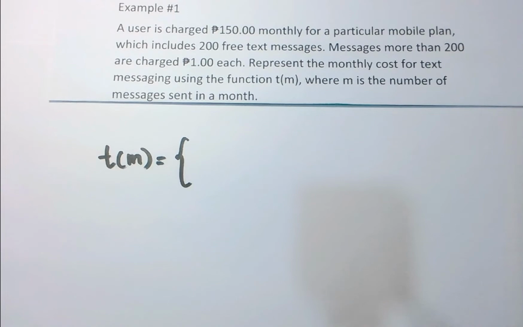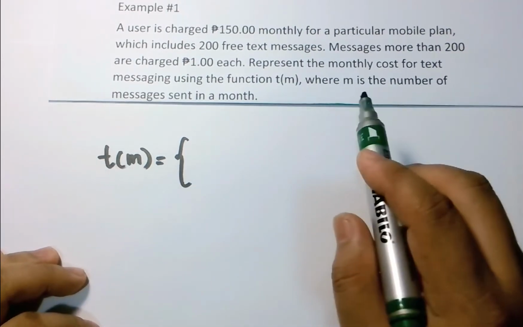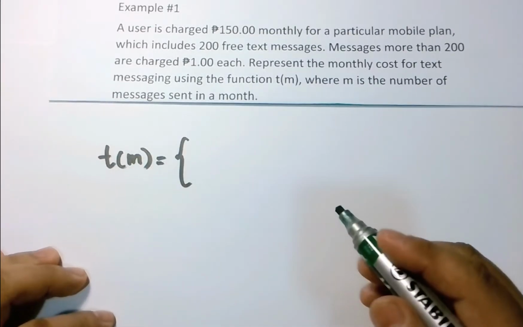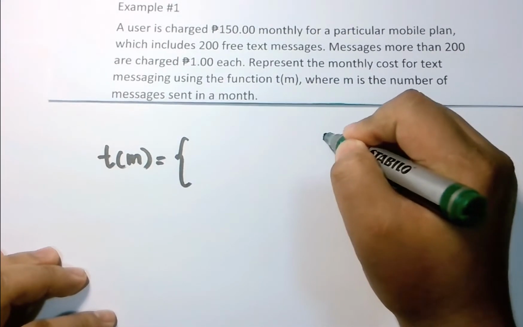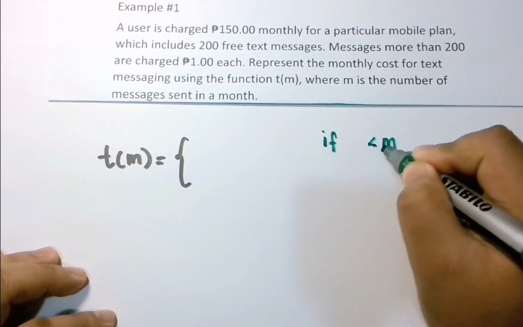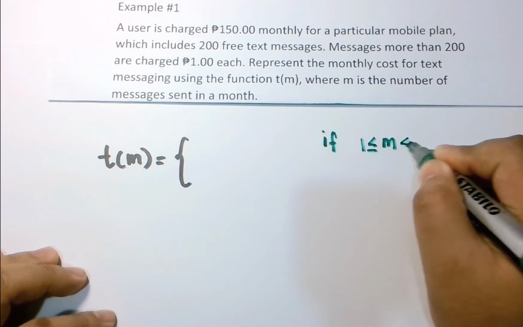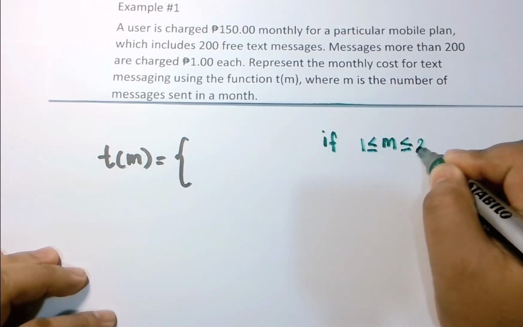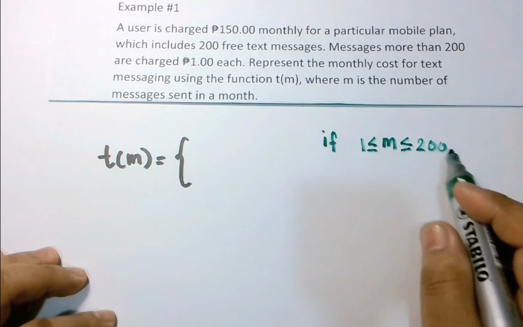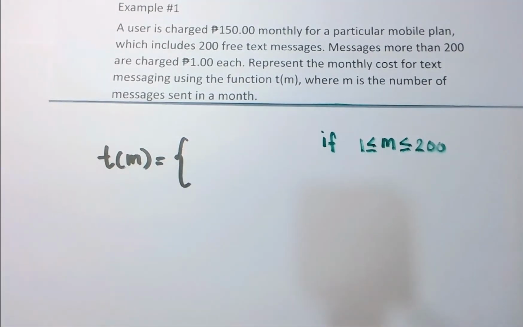So, kung ang sinasabi natin dito na yung M is the number of messages sent in a month, so if M is greater than or equal to 1 and less than or equal to 200. So, mahalaga na naiintindihan natin yung ganitong rule. Okay? So, ano ba ibig sabihin yan?